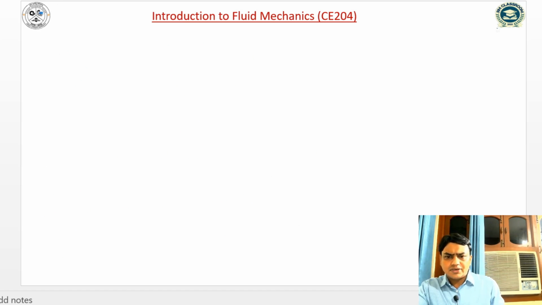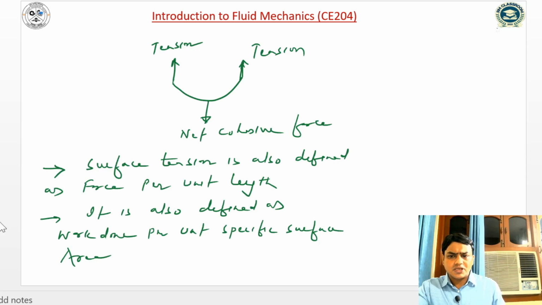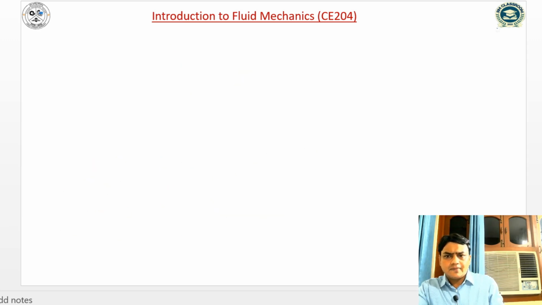Surface tension is denoted by sigma, and its unit is Newton per meter.